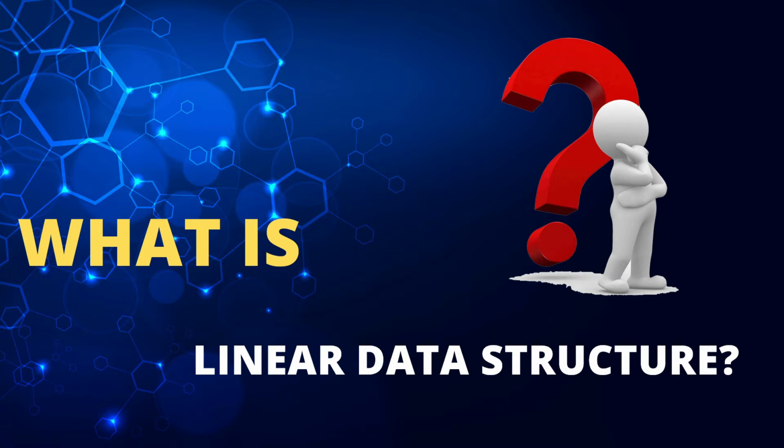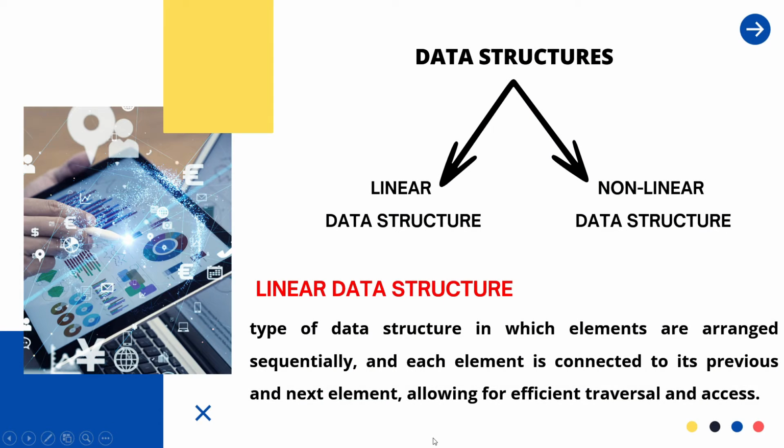So here, as you can see, when we are learning about linear data structures, first we need to clearly understand what a linear data structure is. In data structures, we can divide data structures into mainly two groups. The first one is linear data structures and the second is non-linear data structures.